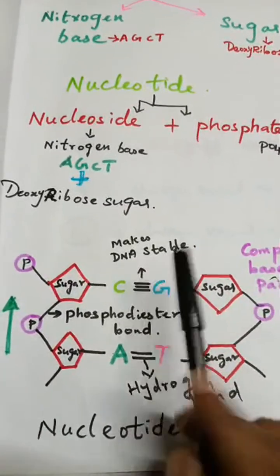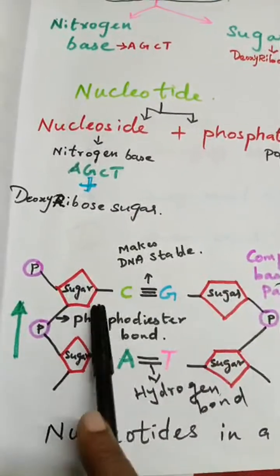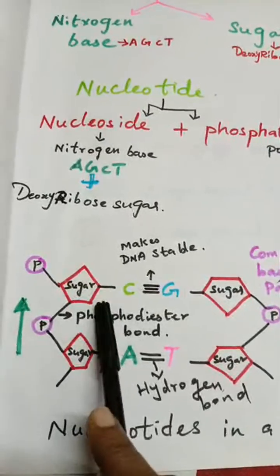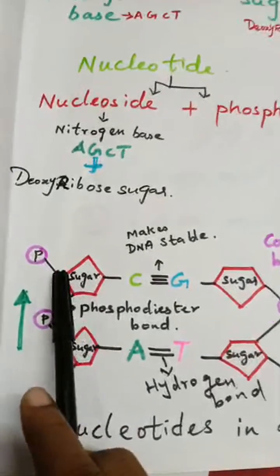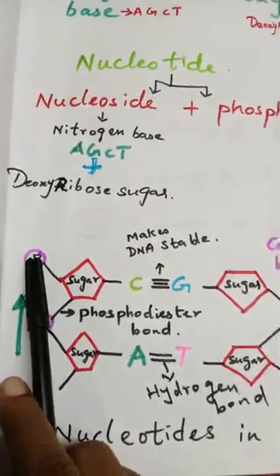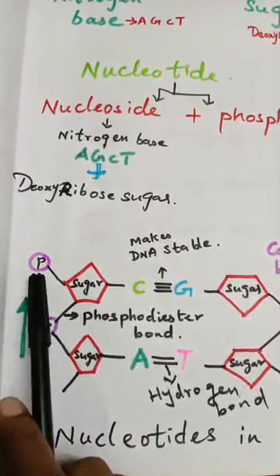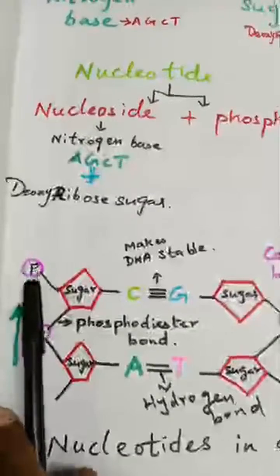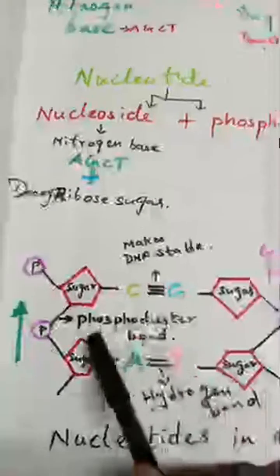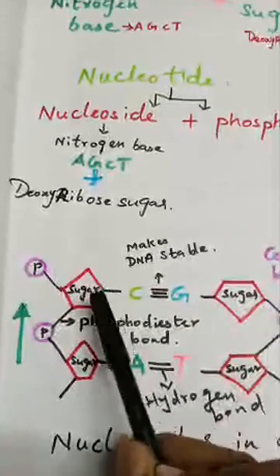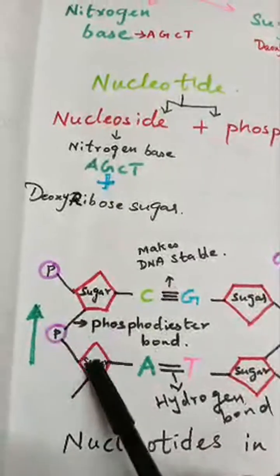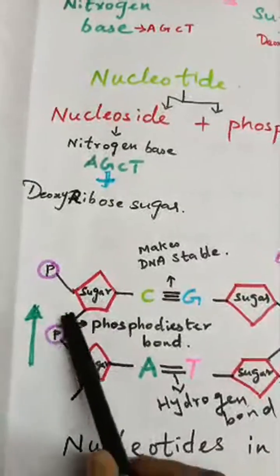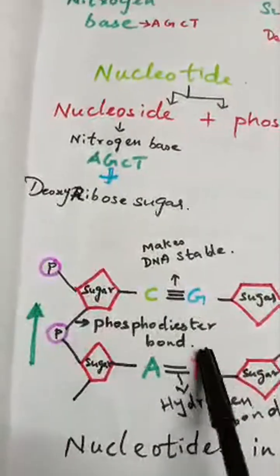Not only that, these nitrogenous bases are linked to the sugar, and this sugar is in turn linked to the phosphate group. This phosphate group gives the DNA its acidic nature, and this sugar is also linked to another sugar molecule through the phosphodiester bond only. So it is a continuous linkage.